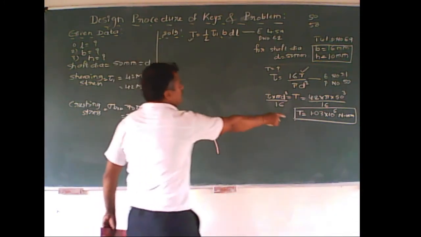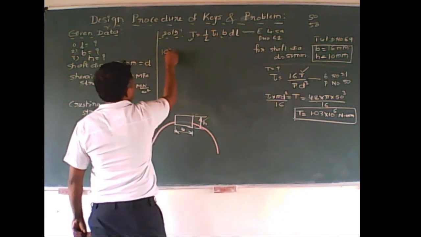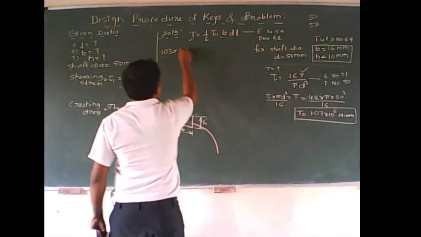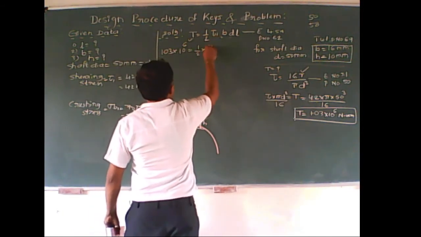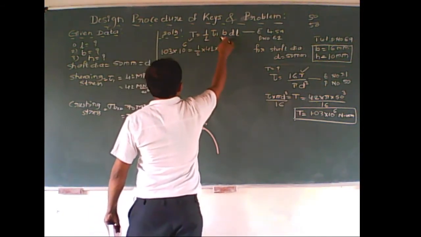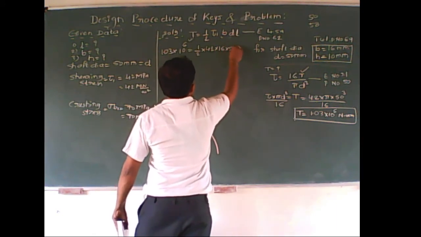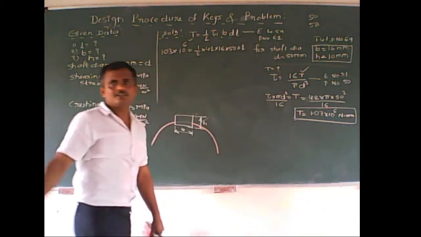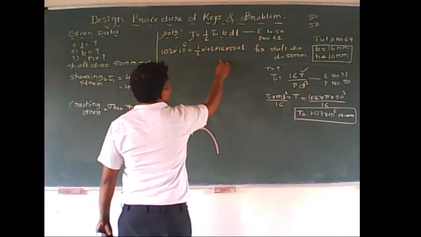So this value you can substitute here: 1.03 into 10 raised to 6 is equals to 1 by 2 into tau 1, which is given as 42, right? B is 16 and dia is 50, multiplied by L. So this L value you can determine.